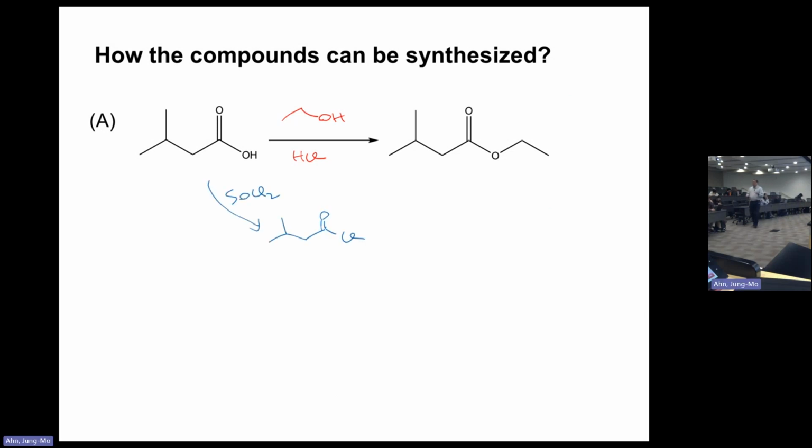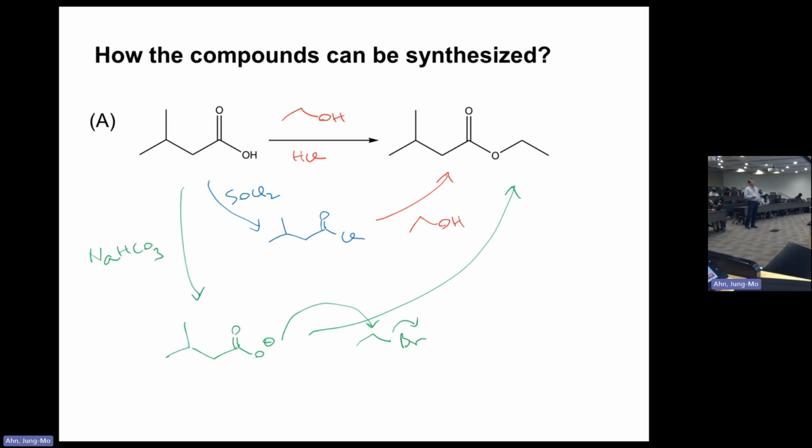Fischer esterification is one way to go. You can convert that to an acid chloride, and then you can use an alcohol to make this same thing. But the third way is you take its proton away, you make the carboxylate, and then you use an ethyl bromide, make an SN2 reaction, and you can make that. So sometimes people forget that the SN2 reaction can also be used to make an ester.